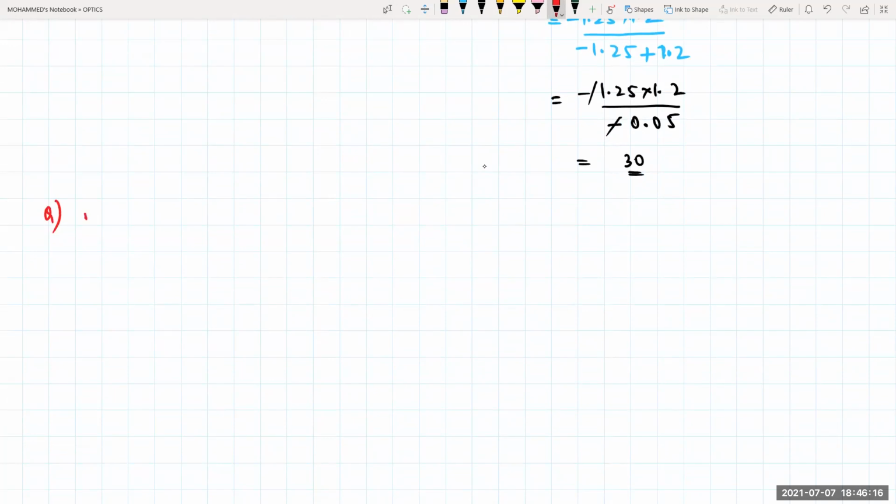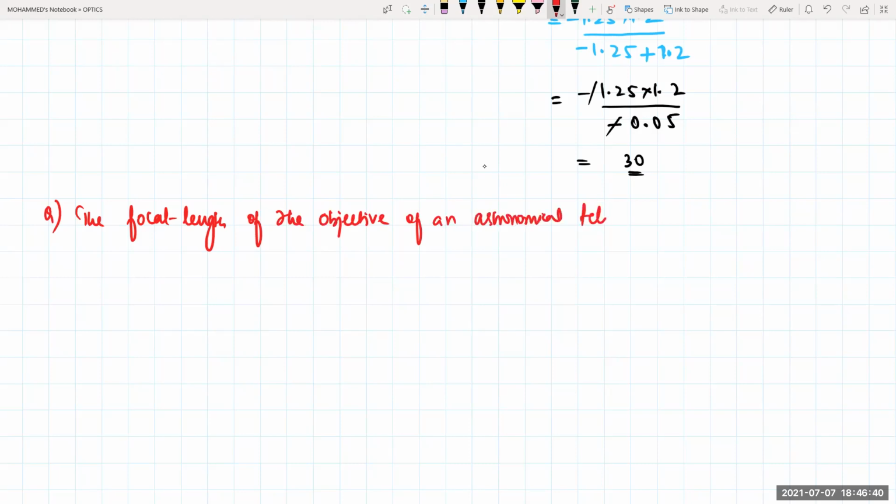See this question, beta. The focal length of the objective of an astronomical telescope is 75 centimeters, and that of the eyepiece is 5 centimeters.